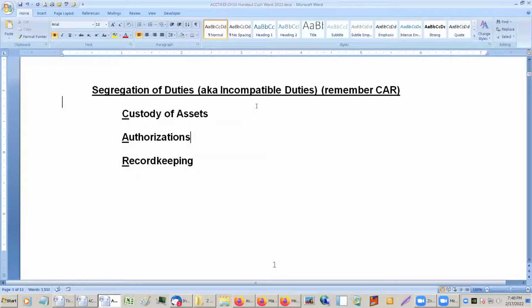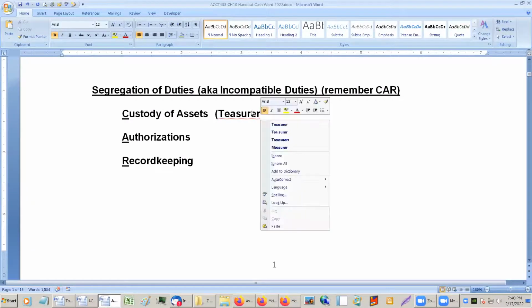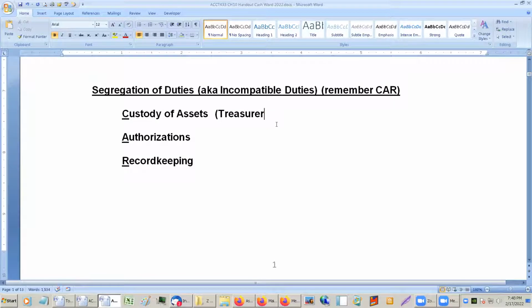But for example, custody of assets, say, the treasurer of cash. The treasurer has the cash accounts.